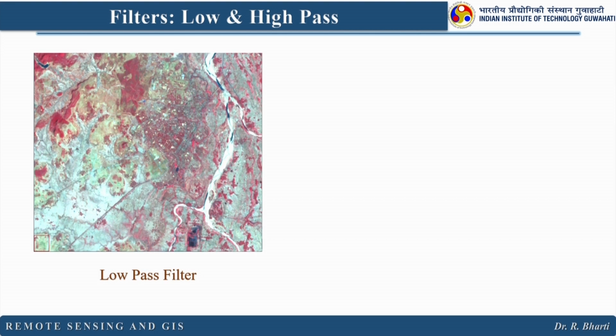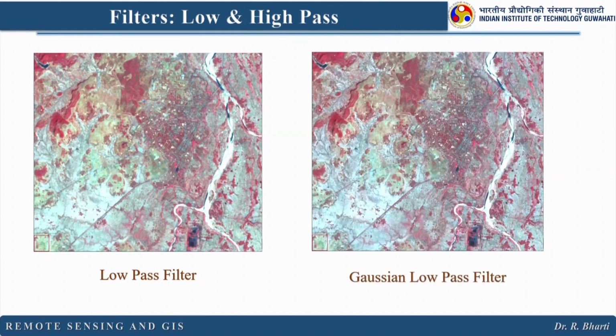This is another example from the low pass filter, and this is the Gaussian low pass filter. In the low pass filter, we are allowing the low frequency DN values to pass and high frequency DN values are suppressed. But in the Gaussian low pass filter, the basic assumption is that your low frequency DN values are equally distributed in your image.